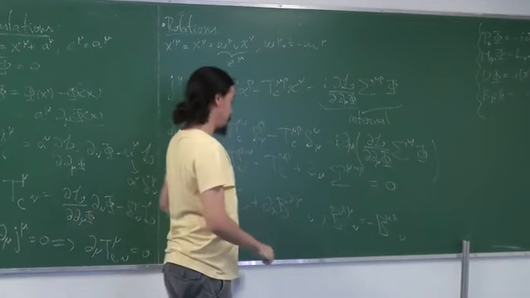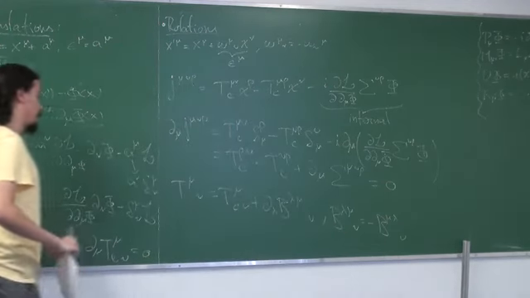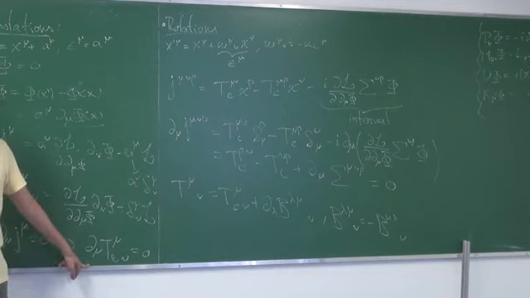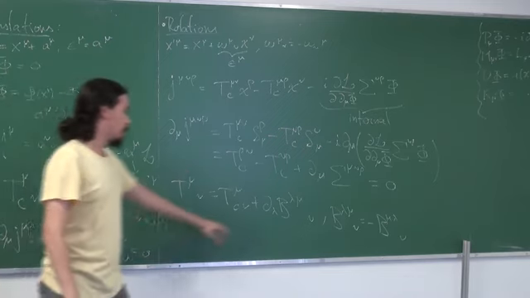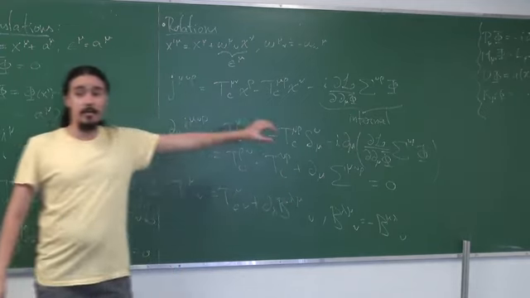You require that this tensor be antisymmetric in the first two indexes, because then you're guaranteed that you won't spoil the conservation. If you apply the derivative here, you're going to have the ν and the λ, but since it is antisymmetric, this vanishes identically.